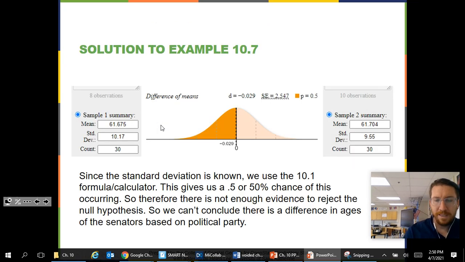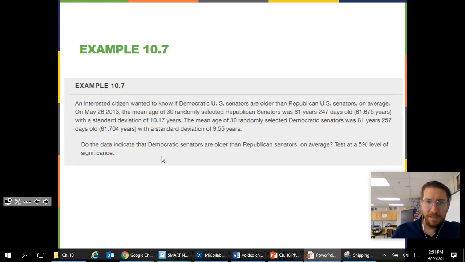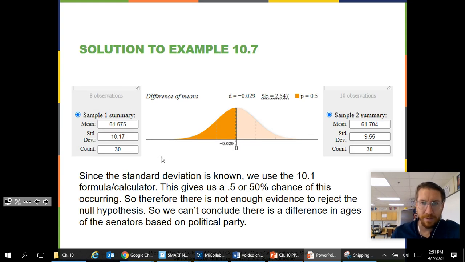That's using this calculator, which is just using the sample standard deviation. So we can plug in our numbers. This is a one-tail test because we're checking to see if the Democratic U.S. senators are older than the Republicans. So just one tail. And look at that, we find out that this is so common. This happens about half the time.